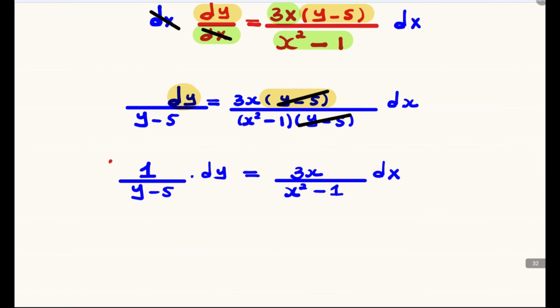So from here we can introduce our integral both sides of the equation.